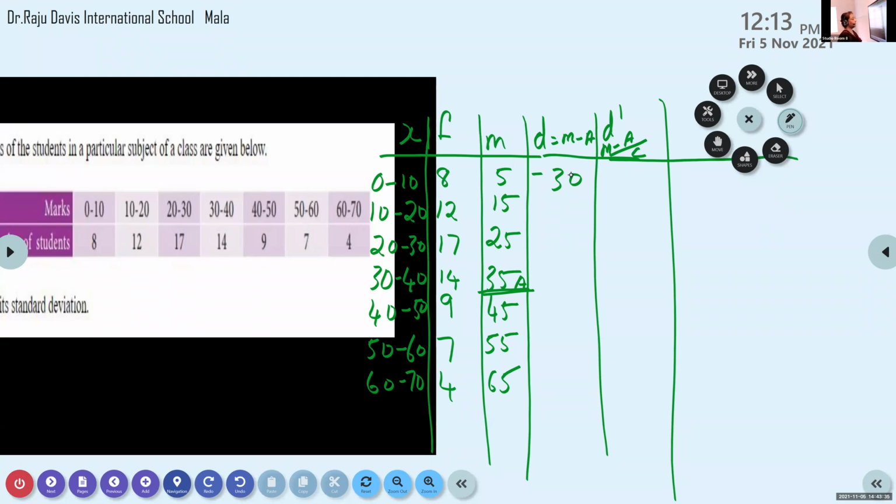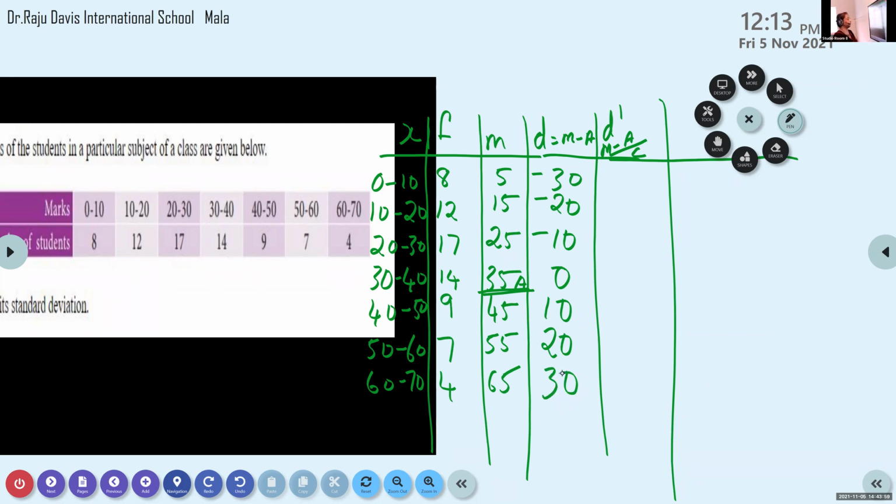Just take that and tell me what all you got for D. Negative 30, negative 20, negative 10, 0, 10, 20, 30. Okay, these are the D's you got.